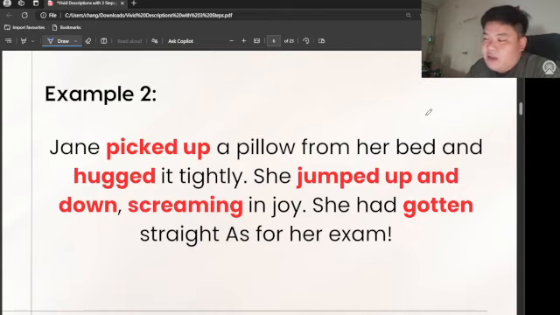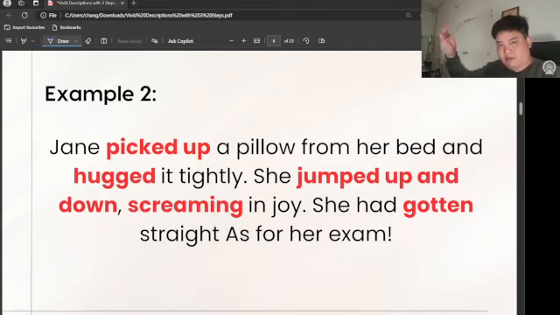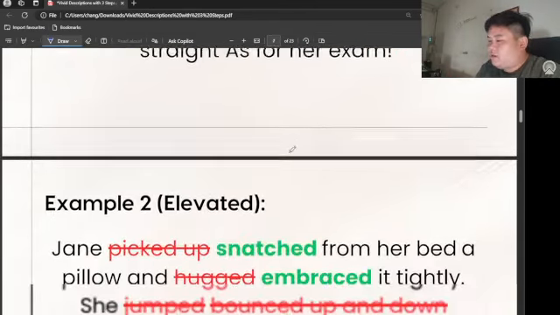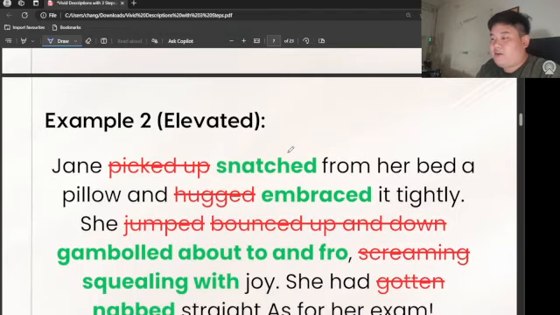So, again, these are some very simple verbs, right? Picked up a pillow. So imagine, if let's say I'm picking up something over here, right? Okay. And of course, hugged it tightly, jumping up and down, screaming in joy, gotten straight A's. That's all fine. However, this is how we can elevate your writing.